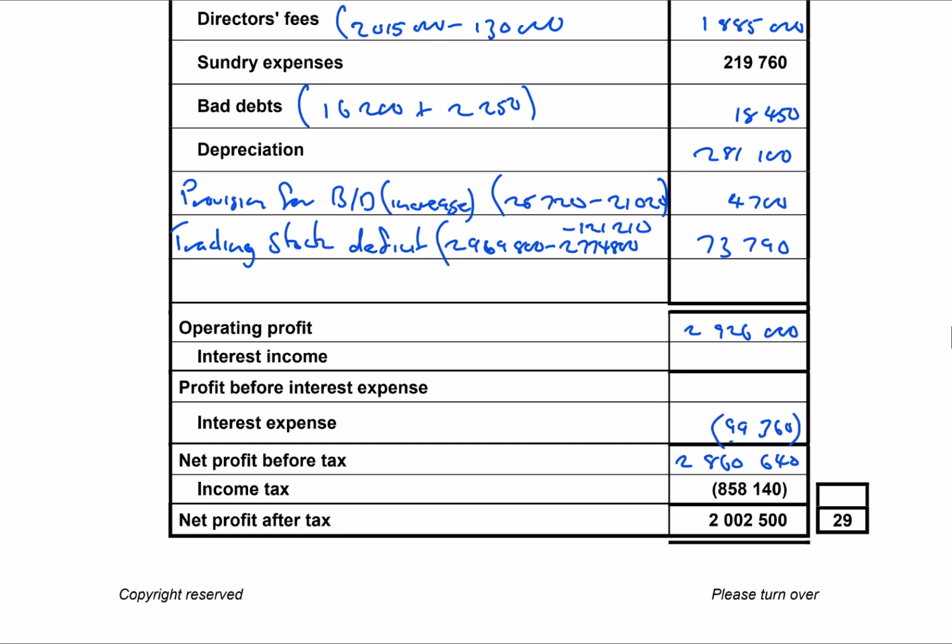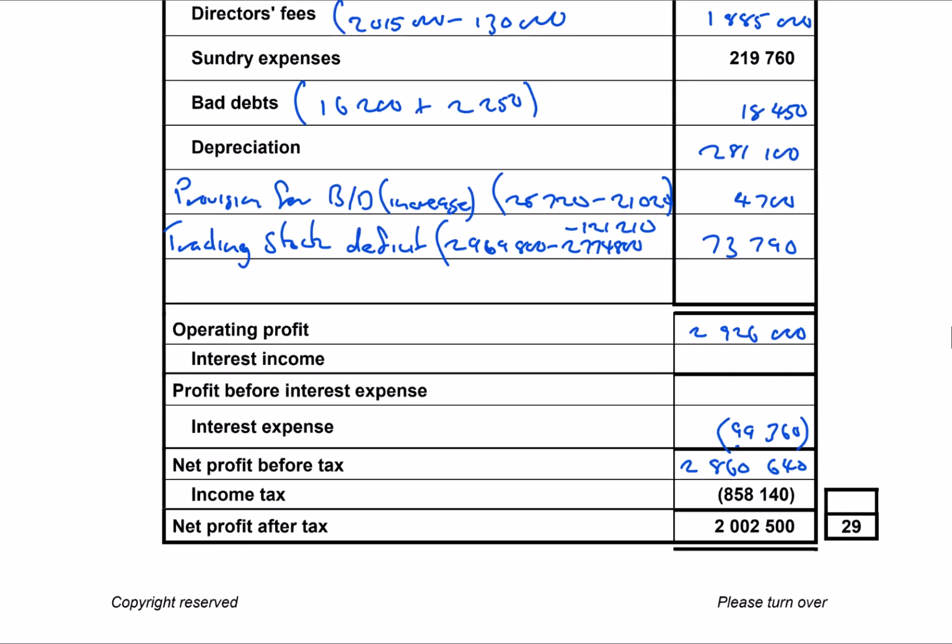Right, then profit before tax. Profit before tax will be 99,360 plus net profit before tax 2,860,640. This will give you 2,960,000.